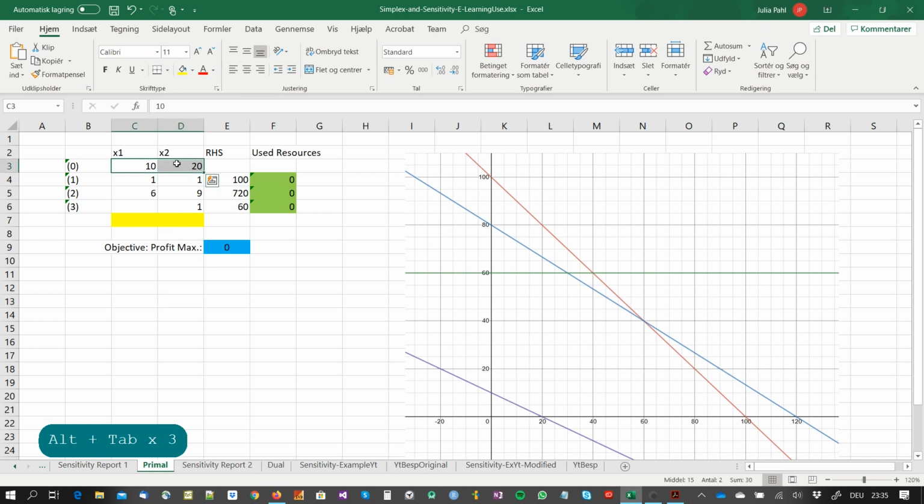So here we have given the coefficients of the objective function for x1 and x2. And here we have the constraints of the problem given by our three constraints, and the right-hand side that limits the capacity that can be allocated to the production of these products.